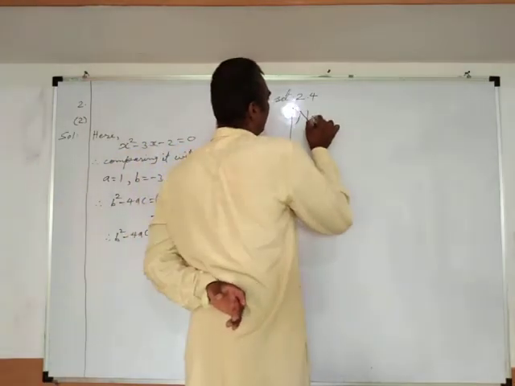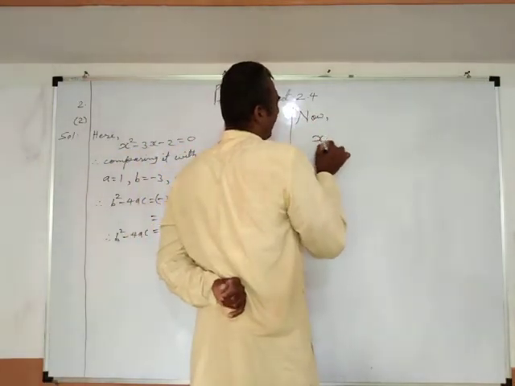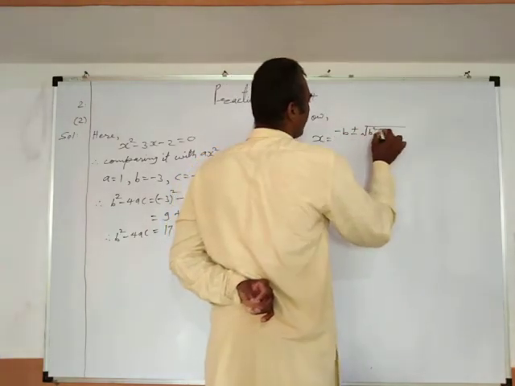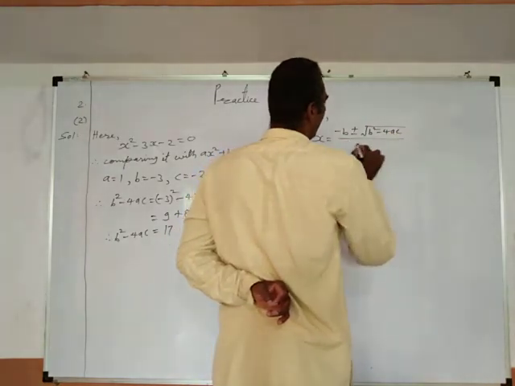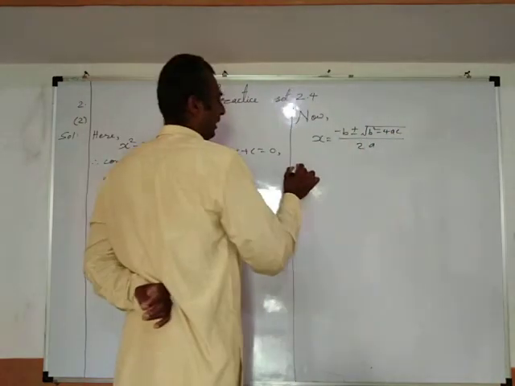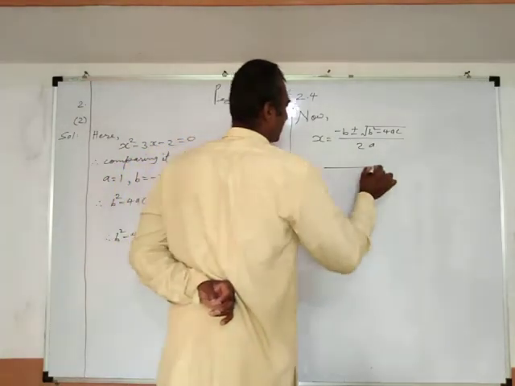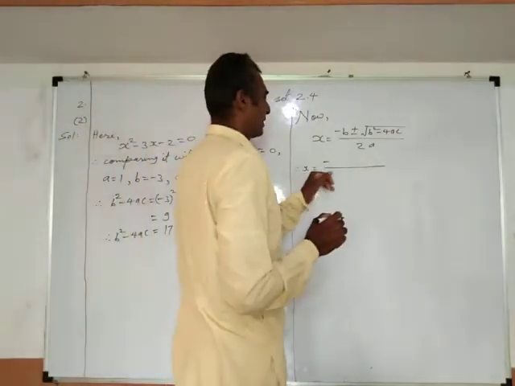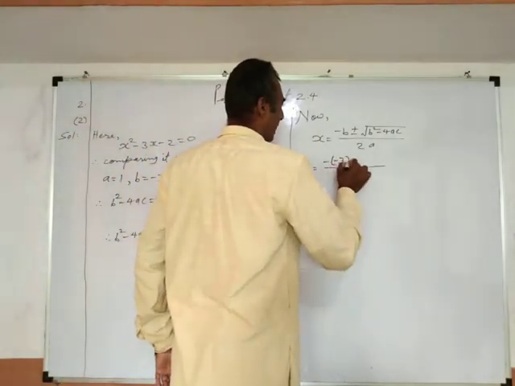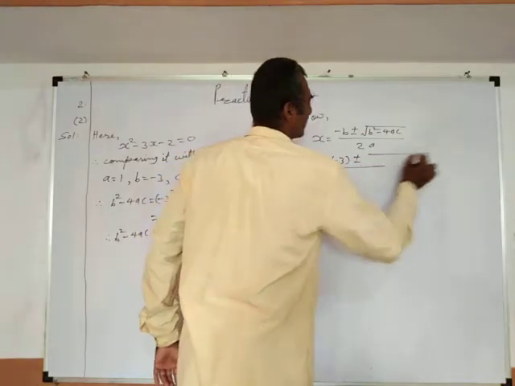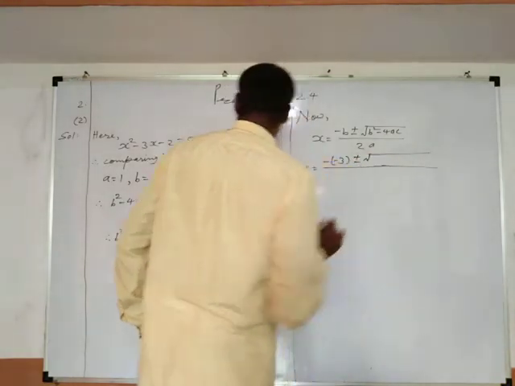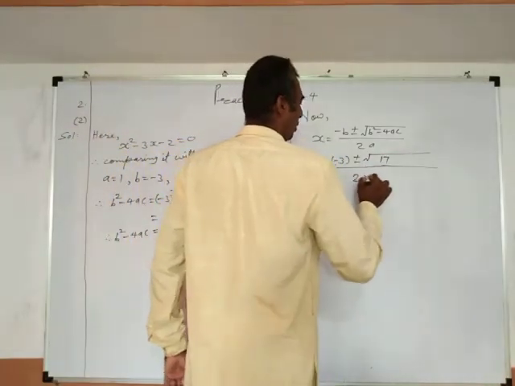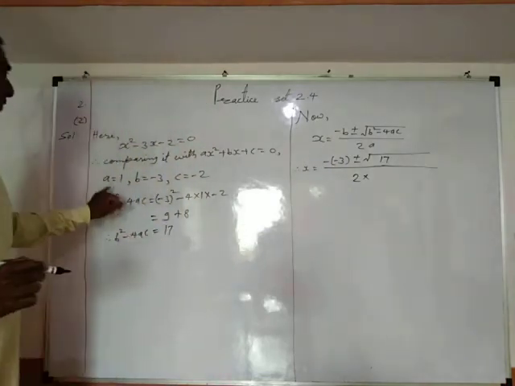Now by formula method, x equals minus b plus or minus under root b square minus 4ac upon 2a, and therefore x equals minus b, value of b is minus 3, that's why x equals minus in bracket minus 3 plus or minus under root value of b square minus 4ac is 17 upon 2 into value of a is 1.